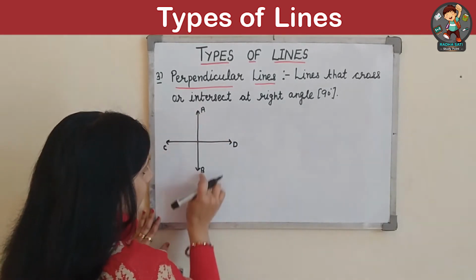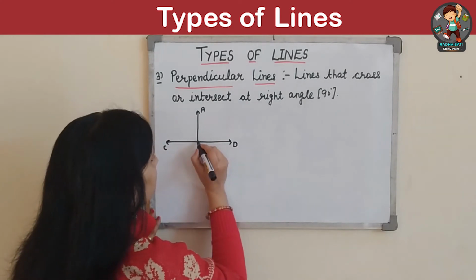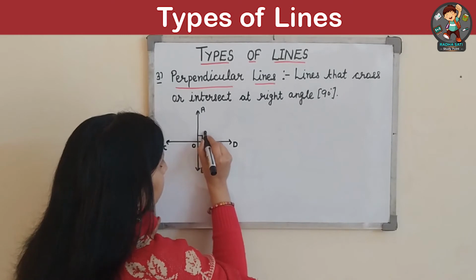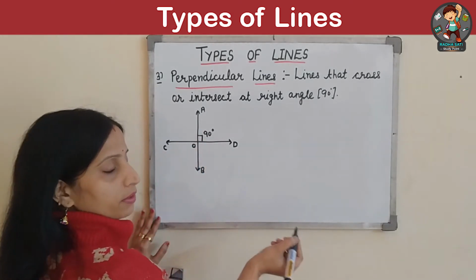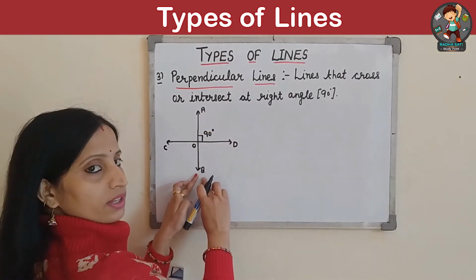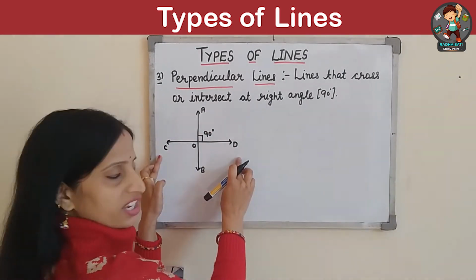Then you can see that these lines are crossing each other at point O, and here the angle of 90 degree is getting formed. So we can say that AB is perpendicular to CD.